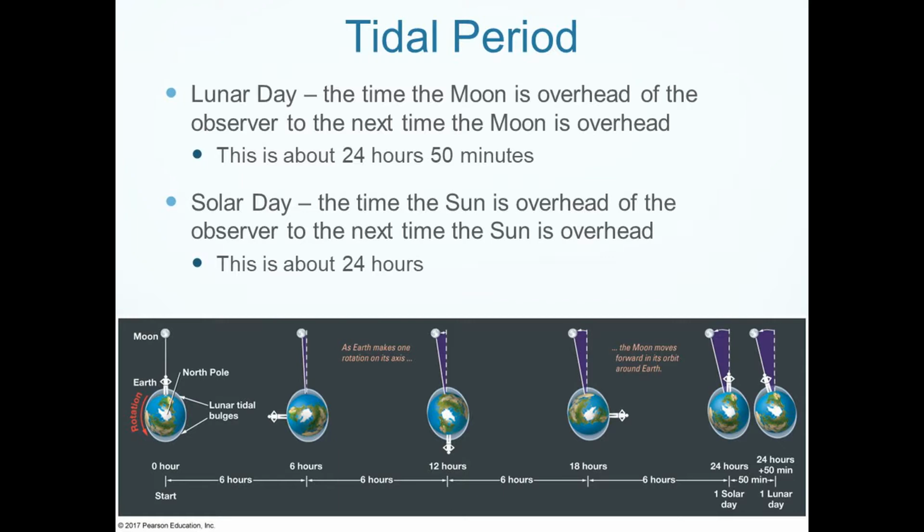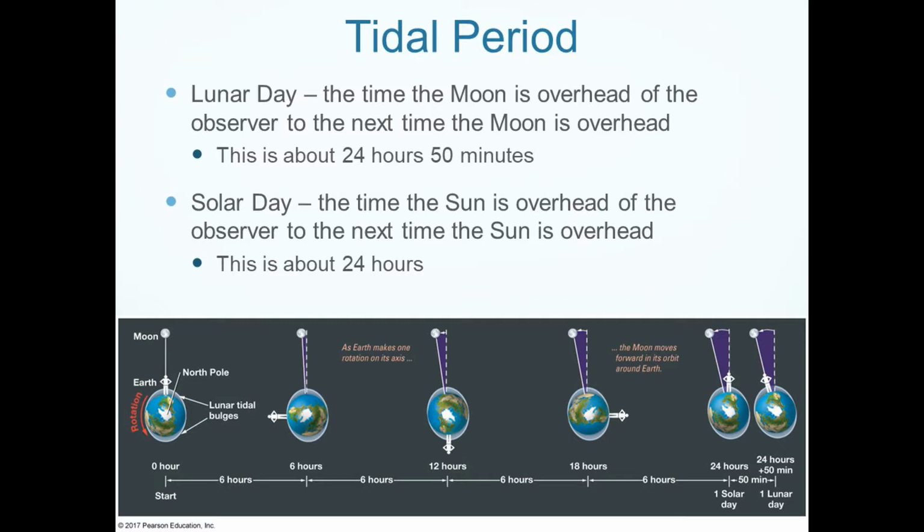It takes the man another 50 minutes to get to where the moon is directly overhead again. So this extends the lunar day by 50 minutes. Your lunar day is 24 hours and 50 minutes compared to your solar day, which is just 24 hours. That's because the moon is rotating around the Earth, whereas the Earth is, technically speaking, rotating around the sun.